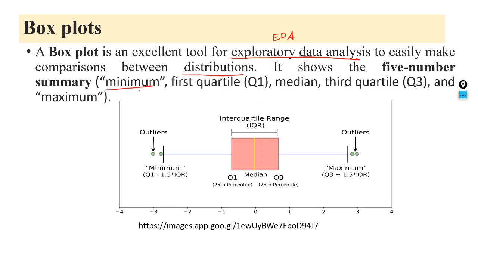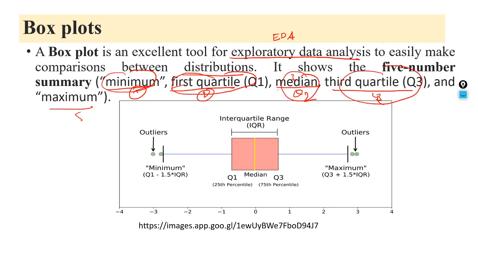Minimum, first quartile Q1, median, also known as Q2, third quartile Q3, and maximum. So 1, 2, 3, 4 and 5: five numbers.